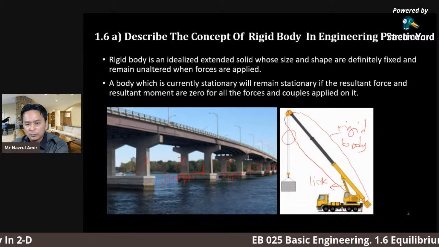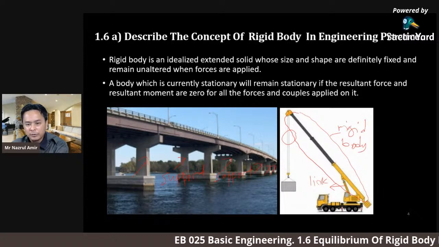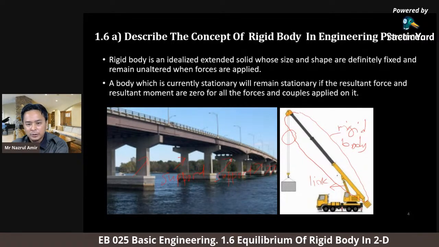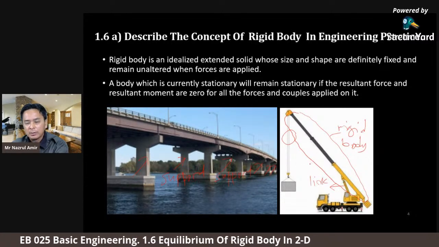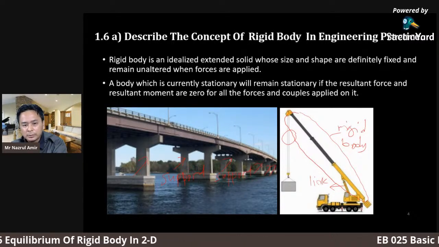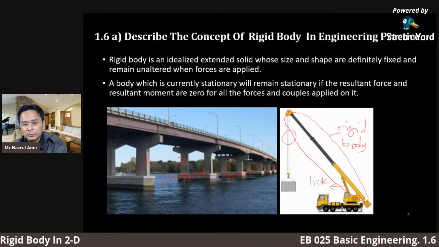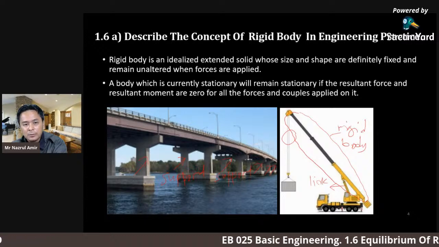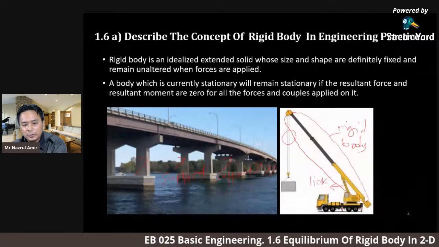Both supports will prevent the motion of the rigid body so that the operation of lifting can be done properly. So that's an example, in real life, of what the equilibrium of rigid body looks like.